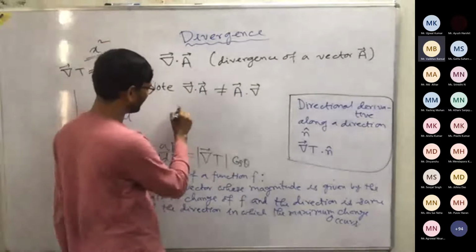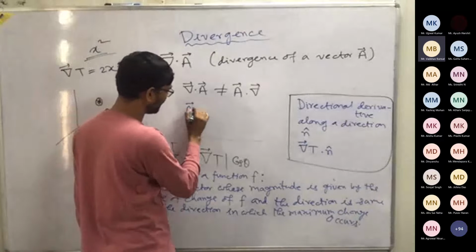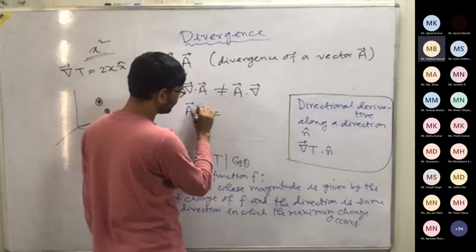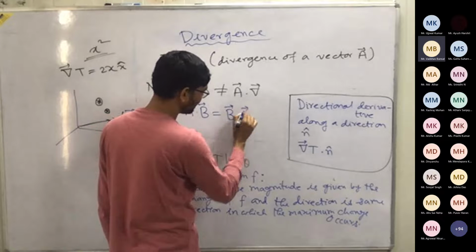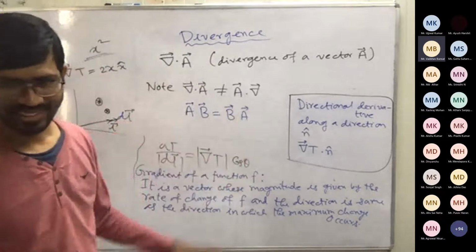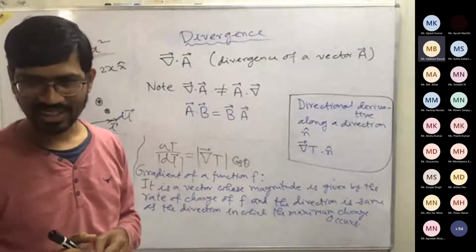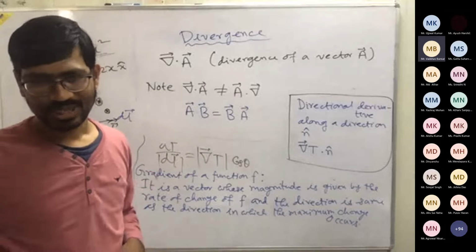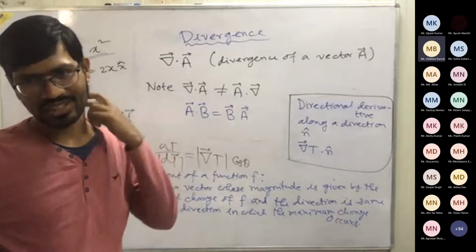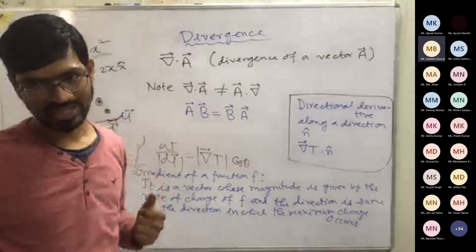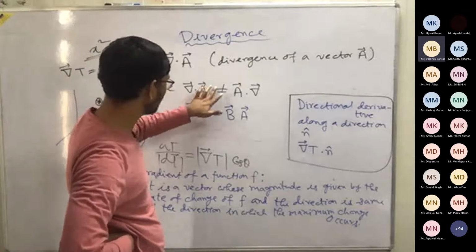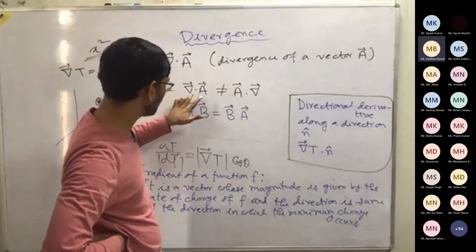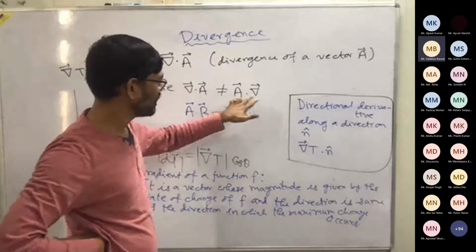We had the usual dot product, A dot V is equal to V dot A. It's just the cos theta, the angle between A and V. So this operation is commutative. But here you cannot write it this way: del dot A is not equal to A dot del.